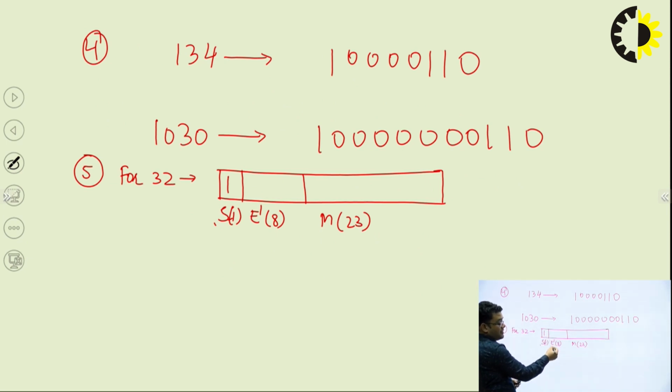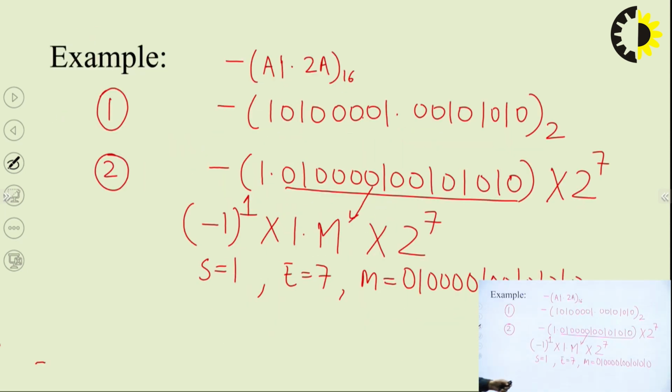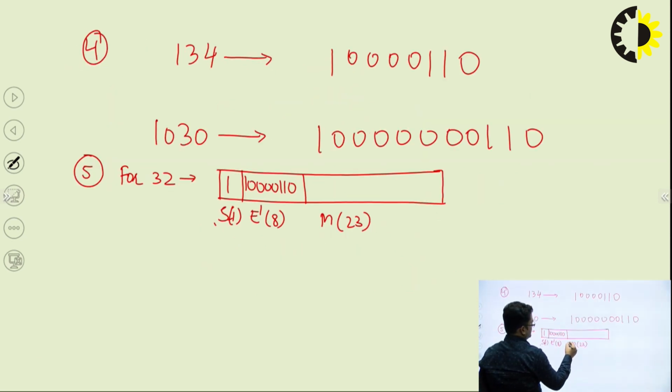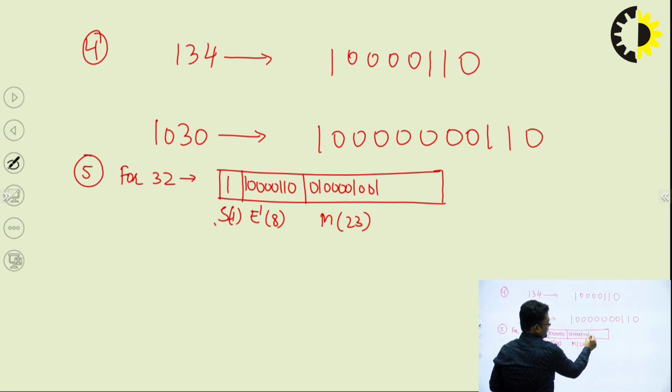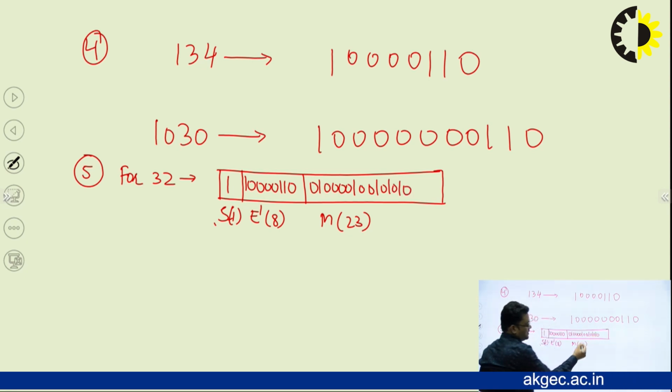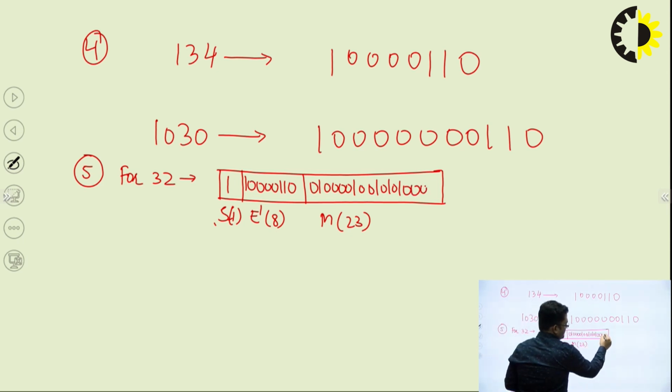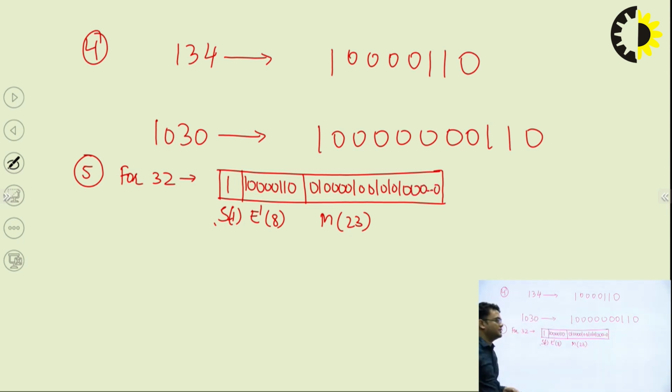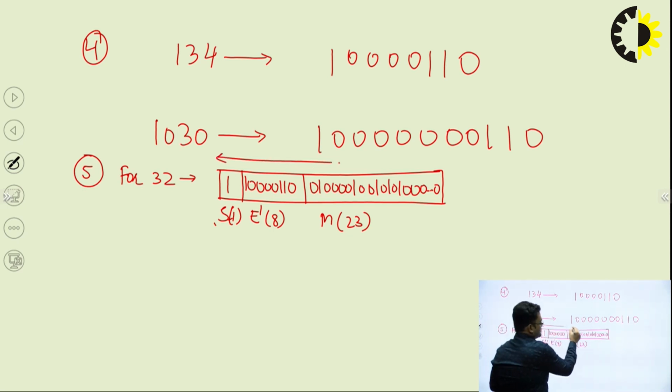My biased exponent is written over here, 1000 0110. And the mantissa part we have with us is this, 0100 1010 1010. Again, this is shorter than 23 bits, so we need to write a few zeros towards the right. So this is my representation for 32 bits.